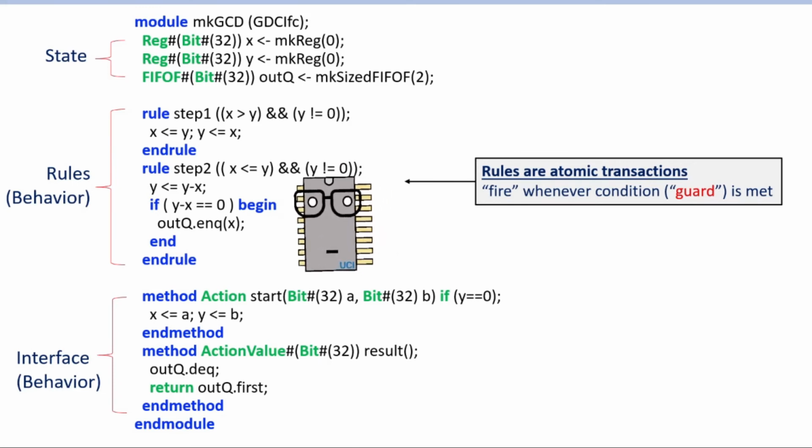So even though y will turn out to be 0 after this cycle, this if statement will actually not fire. That's why we need to compare y minus x equals 0, as opposed to y equals 0, because the effects of this subtraction will not be visible to this if statement within the same clock cycle.